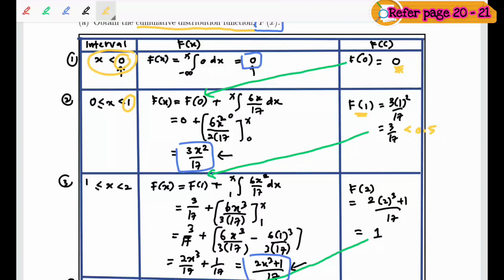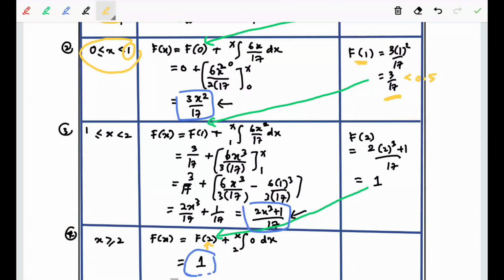We want to find 0.5. If the cumulative is less than 0.5, then m should not be here, because when you substitute m into this function, you won't get 0.5. The maximum area here is 3 over 17, which is less than 0.5.